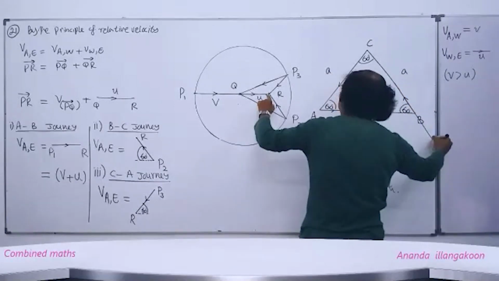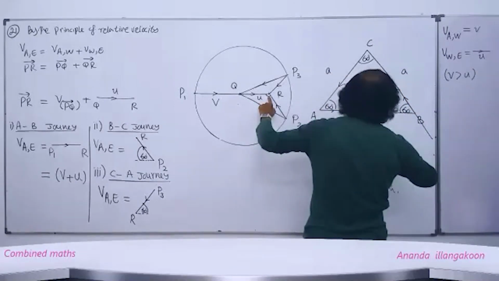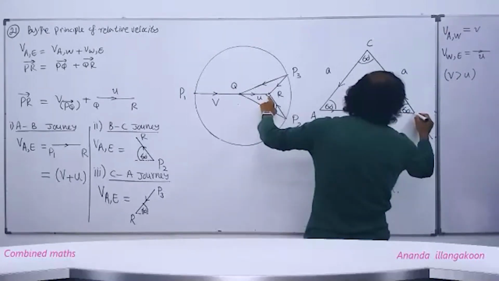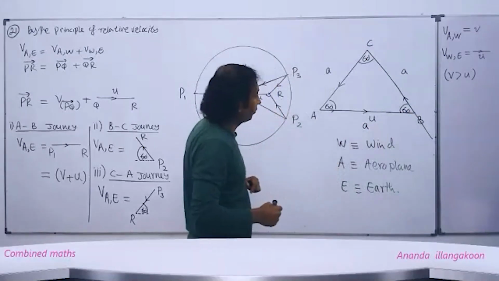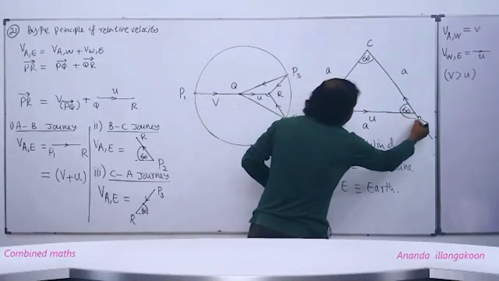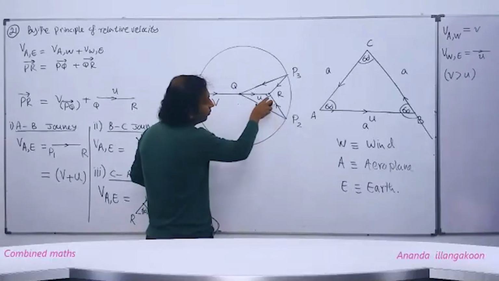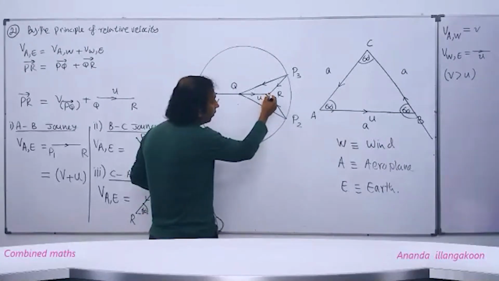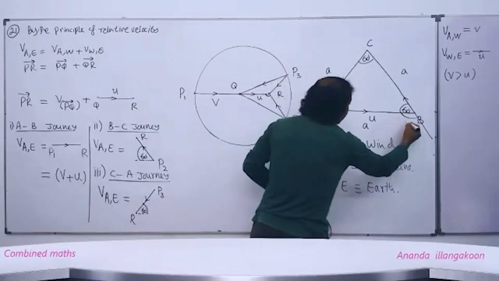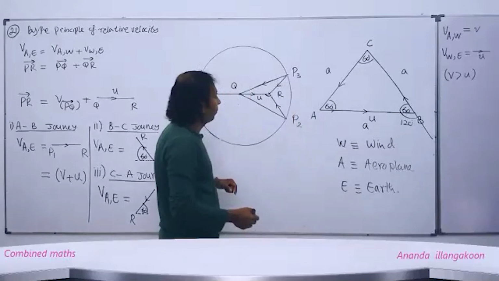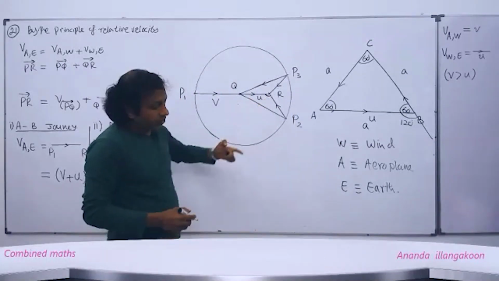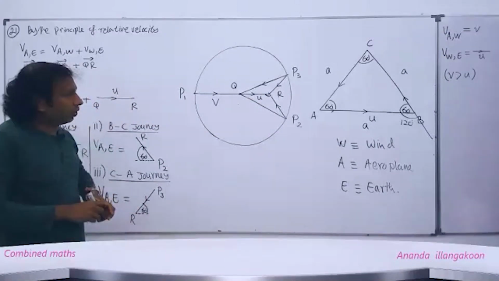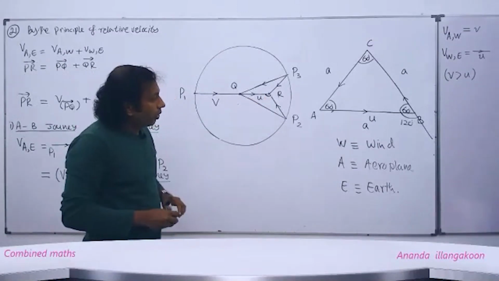This is P2R. Okay. Then when it comes to this way, people, this is the horizontal line. This angle only here we have. This angle is the one here we have. This is 120. Therefore, this is 120. Right.